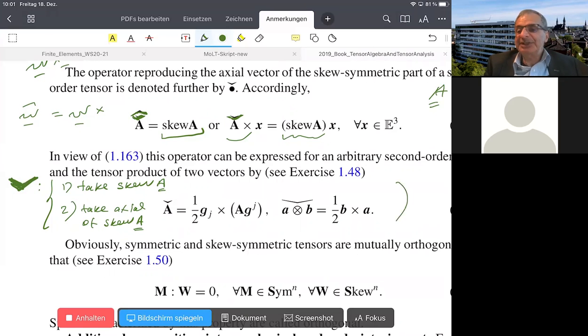It's a rather interesting operation, and you will also get some exercise to this operation where you have to prove these formulas. Okay, so far no questions. Then thank you for your attention, and we make a break of 2.5 hours until 12:30, and then meet again for this lecture and continue with the lecture.